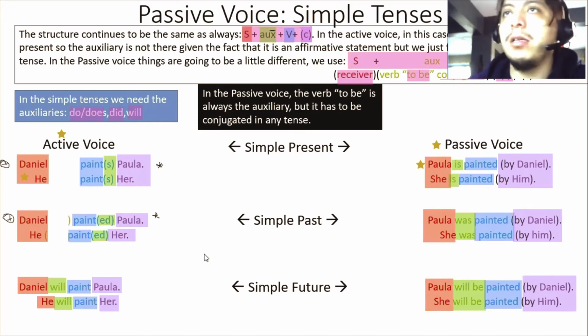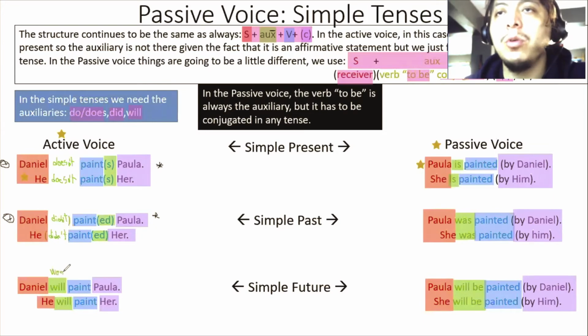The auxiliary is going to be in the present, thus. In the past, did. And the auxiliary takes the negative. So, doesn't or didn't. Super simple, okay? In the case of the future, will changes to won't. Daniel won't paint Paula. Daniel didn't paint Paula. Daniel doesn't paint Paula.